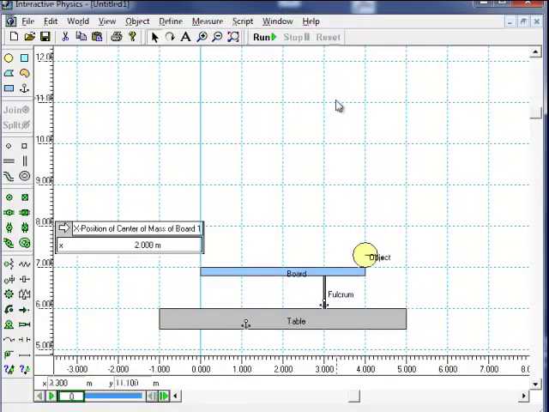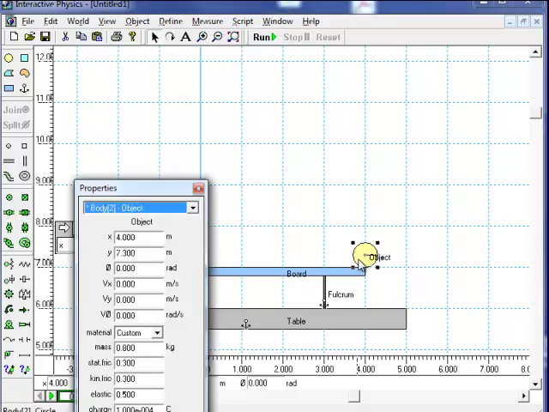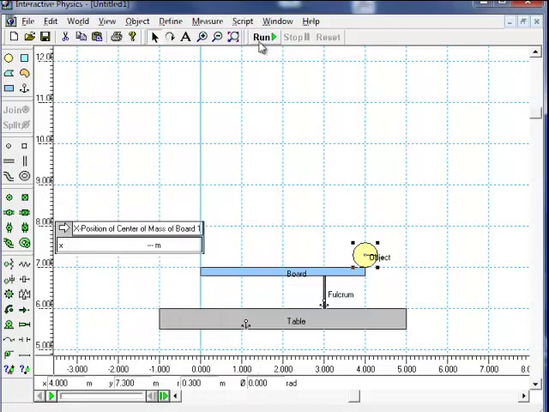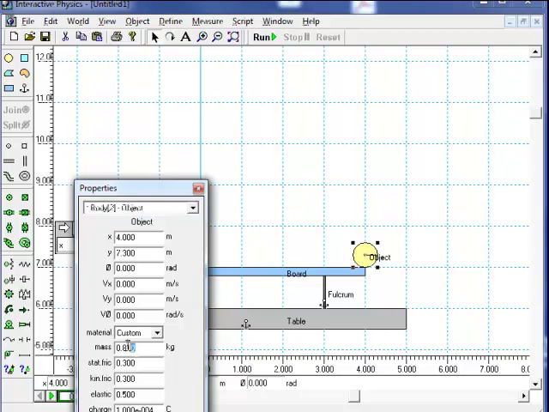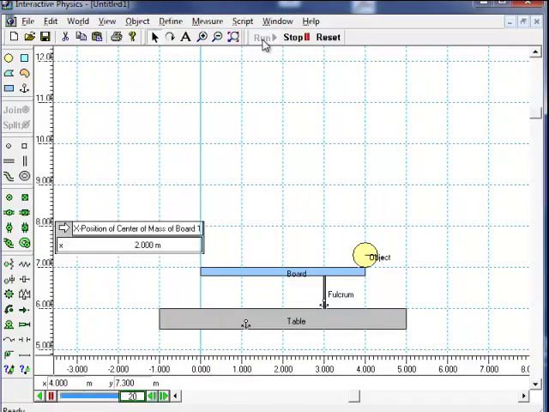And still rolls off. Oh yeah, this time the board was too heavy, so I'm going to try 0.81. Okay, still rolls off. Okay, it pretty much sits there.